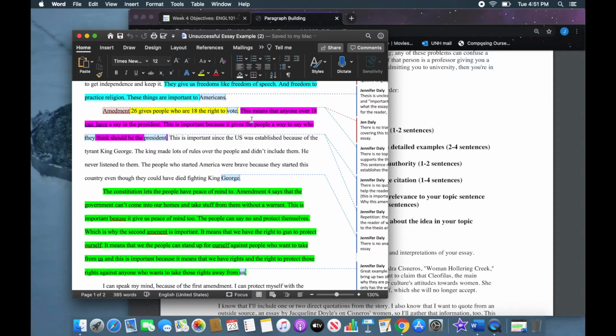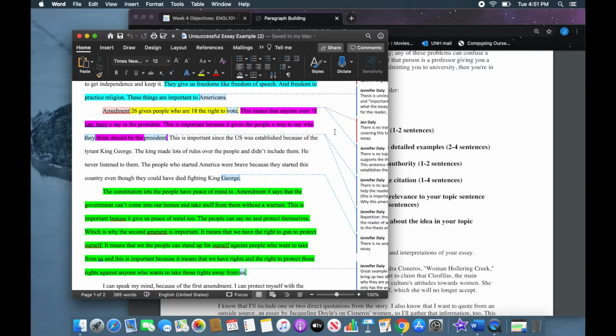We've got lots of repetition, okay? This means, this is, okay? Let's utilize specific language, as specific as we can possibly be. Amendment 26 means that anyone over 18 can have a say in the president, okay? If you can use a specific noun, use a specific noun.